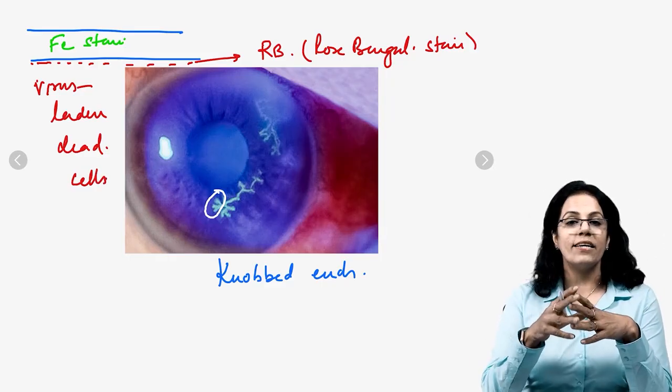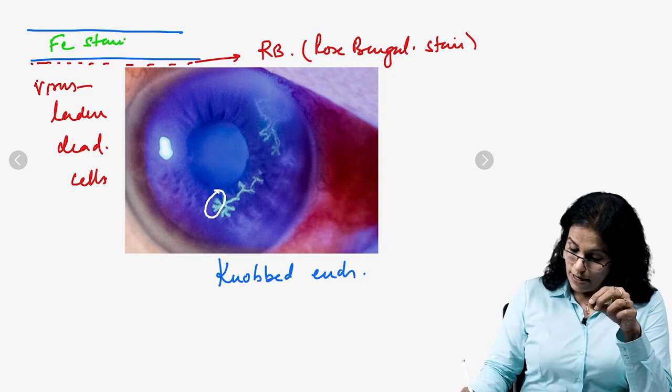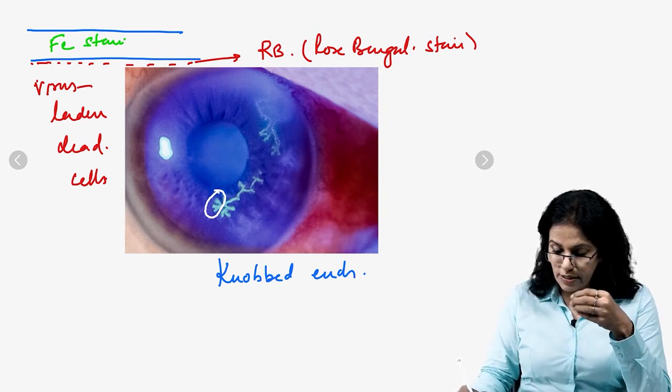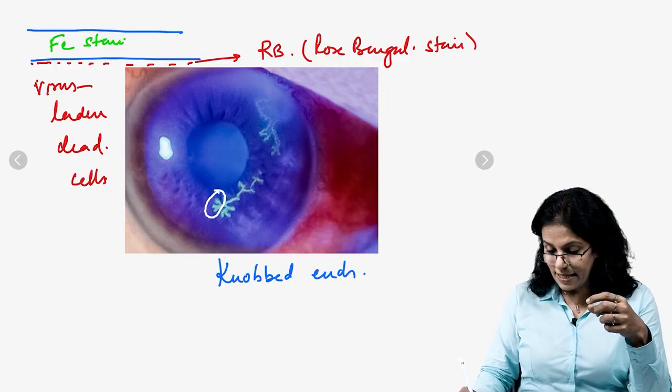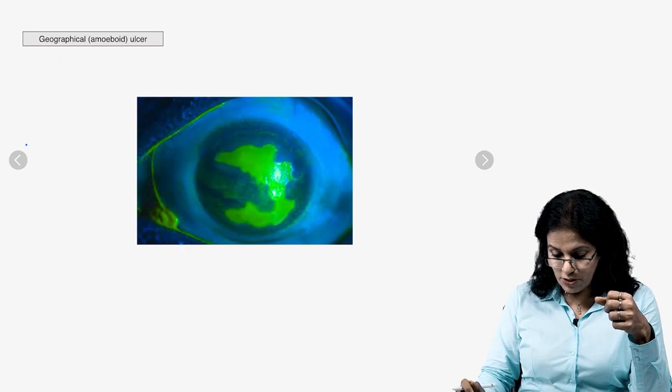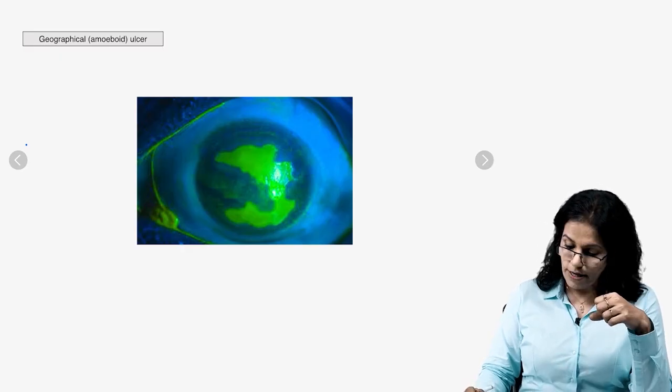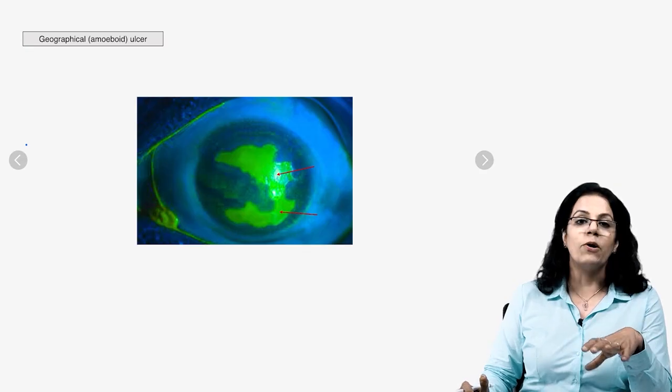And if by mistake you give steroids, or you are not treating and it progresses, either way, this can lead to geographical ulcer. Why do we call it geographical? Because it is amoeboid in shape.